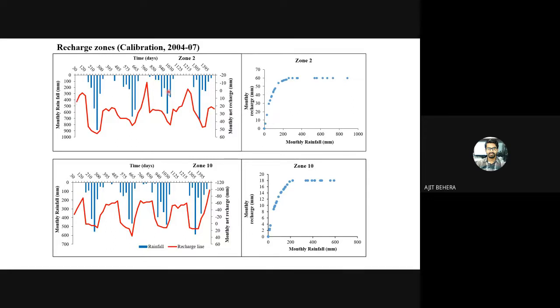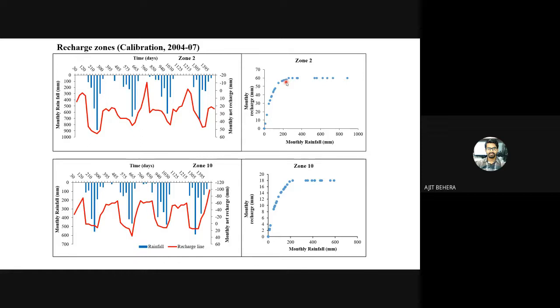Here in zone 2, the net recharge is positive. Positive recharge means that in that zone the groundwater potential is high. When we calculate this monthly recharge from the monthly rainfall data, it shows that after a certain time there is no further recharge.